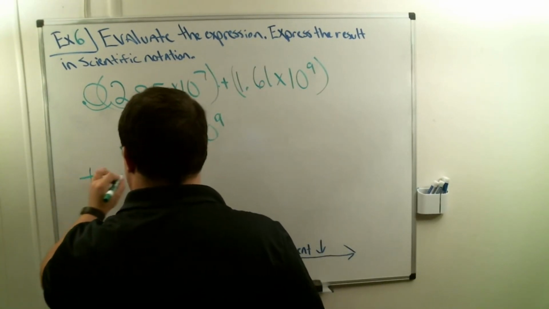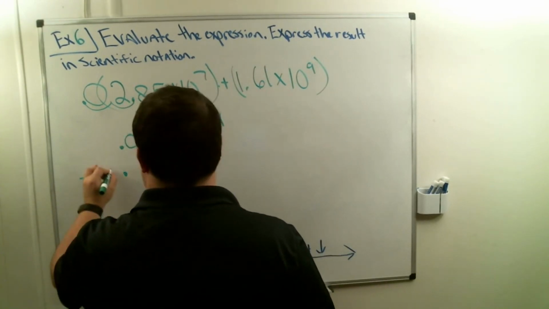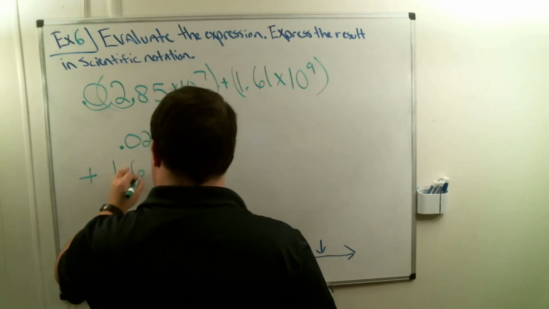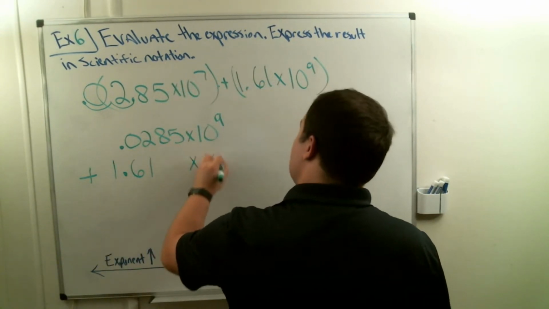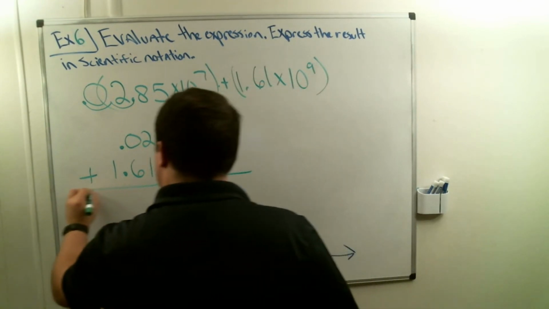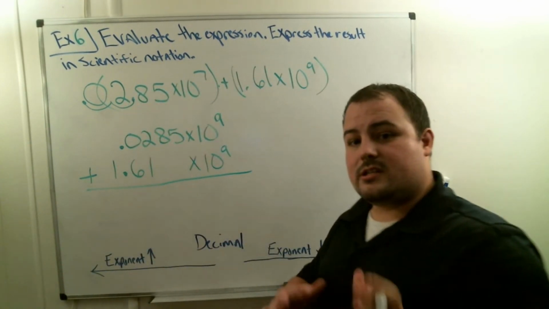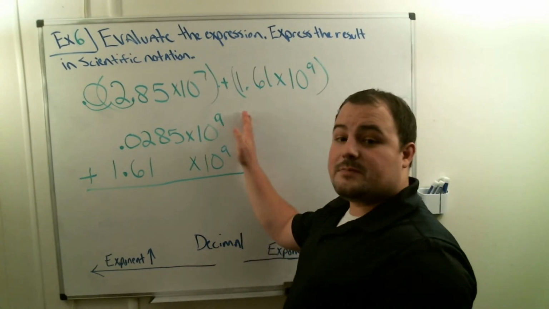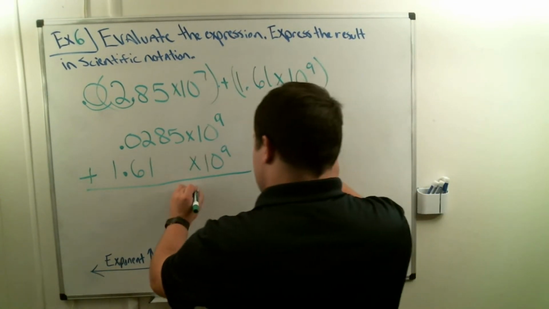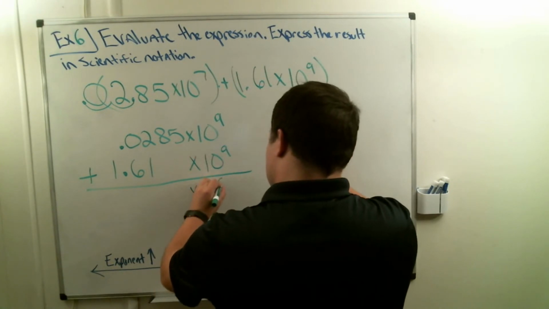So again, I'm going to line up my decimals. I have 1.61. I'm going to line up the times 10 to the 9th power. And all we have to do is, since I have it written as a hamburger, I'm just going to add down. Reminder, our exponent at the end stays the same, so I want to write times 10 to the 9th power.